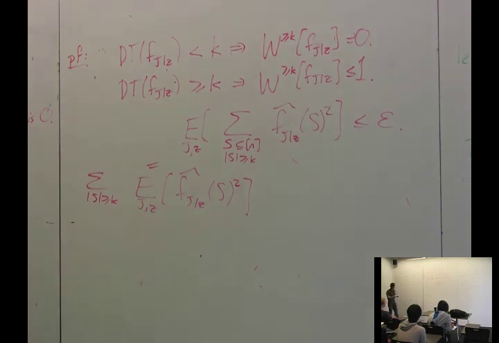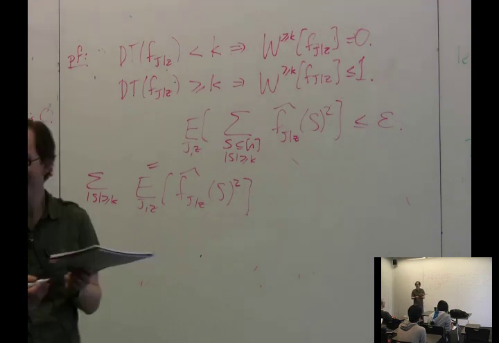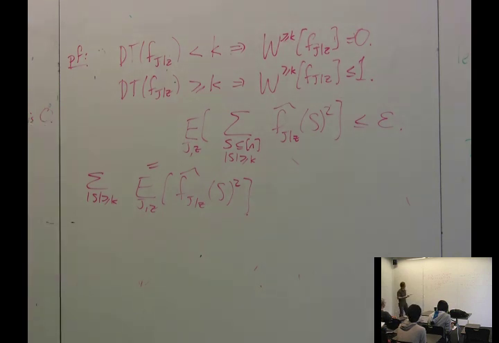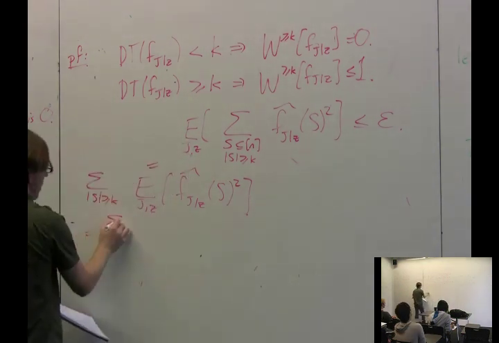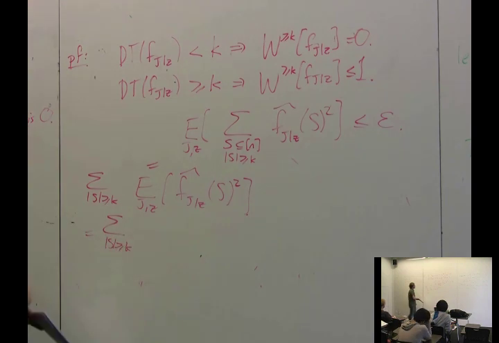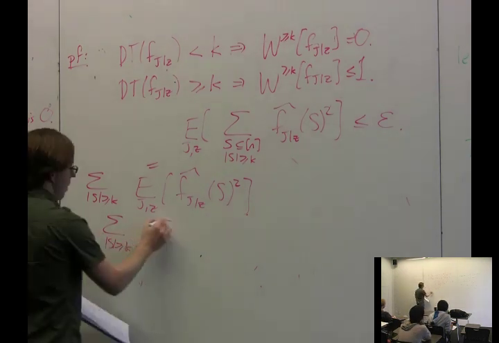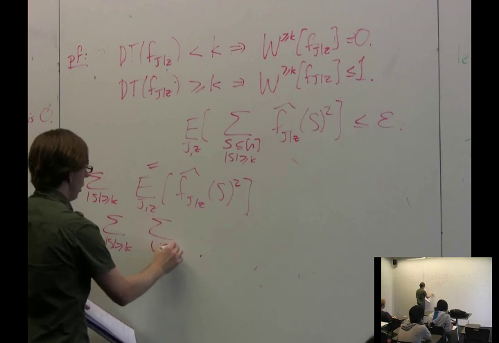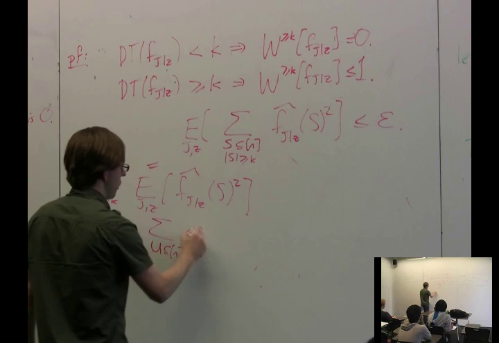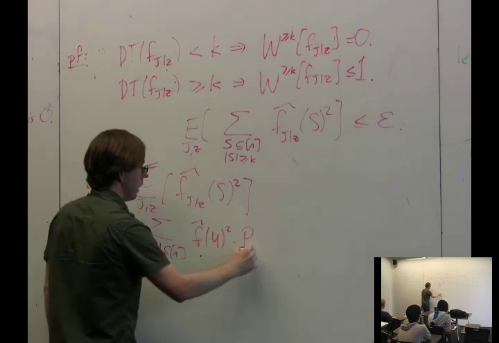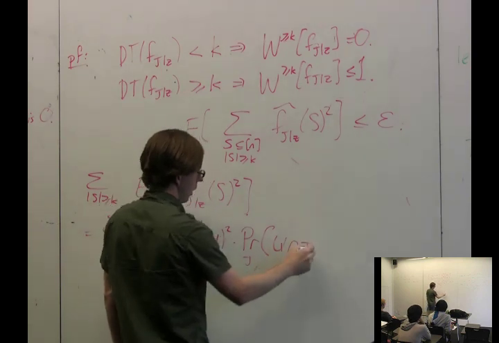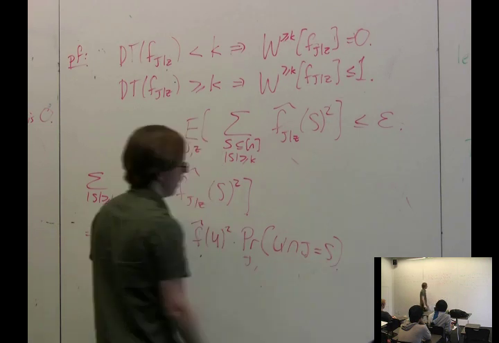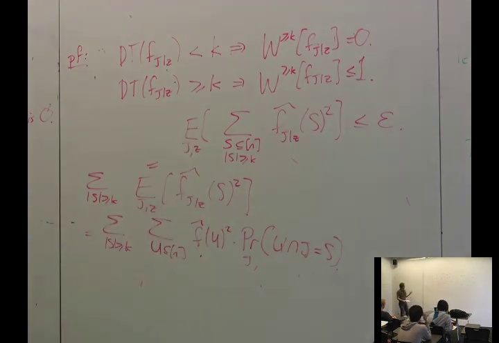I know you all remember the formula for that. Misha? I think what you're going to say, Misha, is that it's the sum over all u of f hat of u squared times the probability, over J, that u intersect J equals S. You have all the coefficients, and when you do the random restriction, some of them get fixed, and the ones in J remain free.